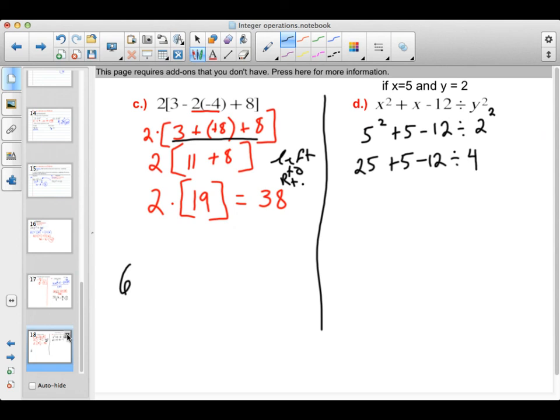Next thing we would do is multiply or divide if we have any of those, which we do right here. 12 divided by 4, that's 3. We've got 25 plus 5 minus 3. Now, again, left to right. Okay, all addition and subtraction, we work from left to right. 25 plus 5 is 30. 30 minus 3 is 27. Should be our final.